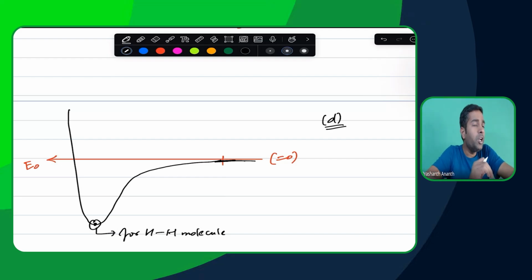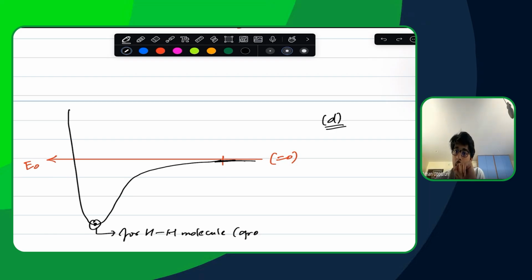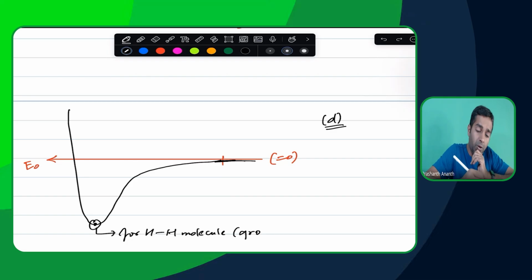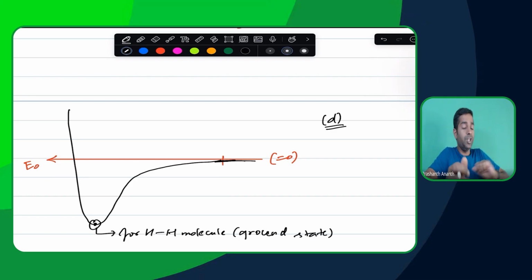So we are given that we are going to be having a hydrogen molecule over here, and we are having interaction happening. And this is going to be for ground state. Now, when you're going to be talking about a molecule's ground state, what is going to be the lowest energy level for the molecule?